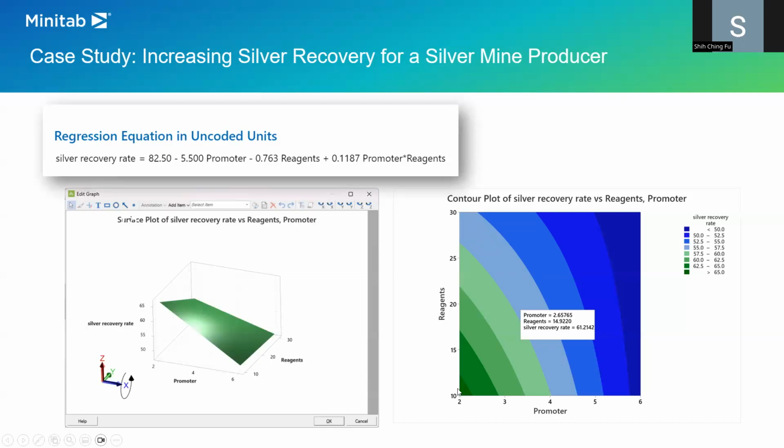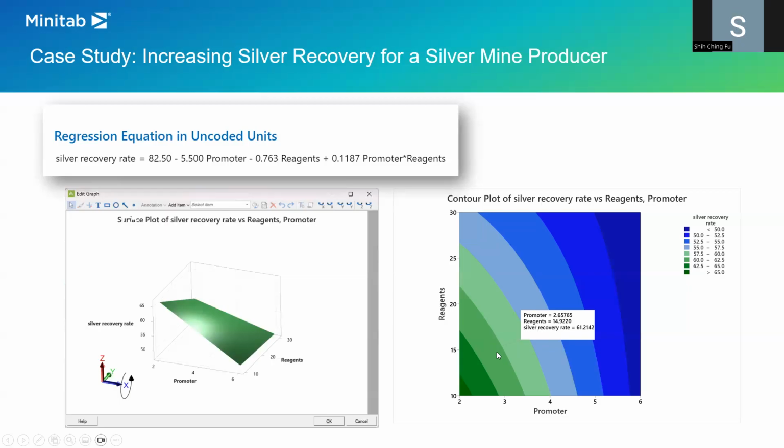That's this small corner. However, people always think about the best option, but of course there are some limitations, which means it could be not practical. So with this graph, we can use many tabs, you can go to each of the dots. It tells you what the promoter is, what the reagent is, and what the recovery rate is. So you can go to any single dot.